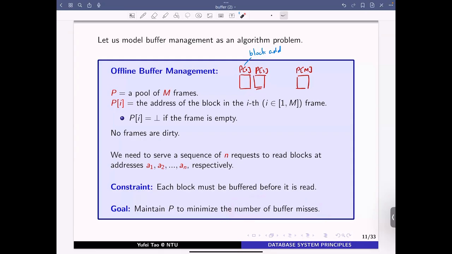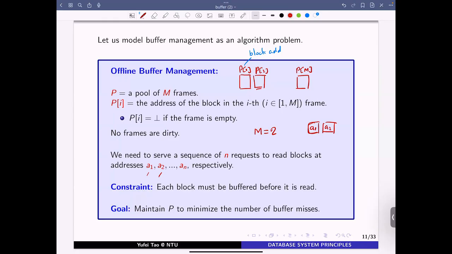Let me tell you why the problem is non-trivial. Let's consider a very simple case where m is just 2. You've got two buffers. Say you serve the first request: A1 will have to be inside the frame to be read. Now it comes to A2, which will also have to be there. Very simple so far. Now let's look at A3. Immediately you are facing a difficult situation.